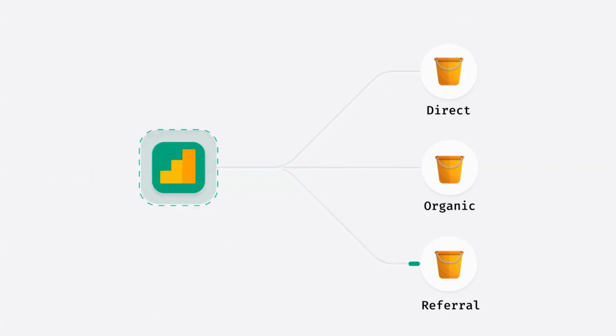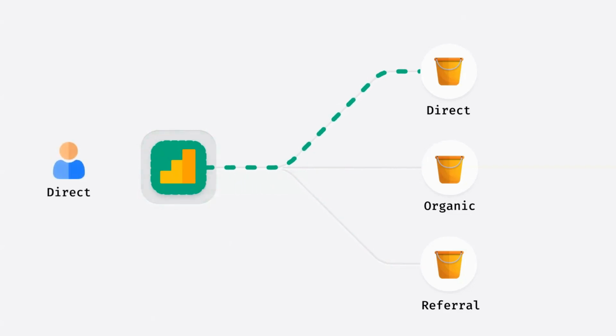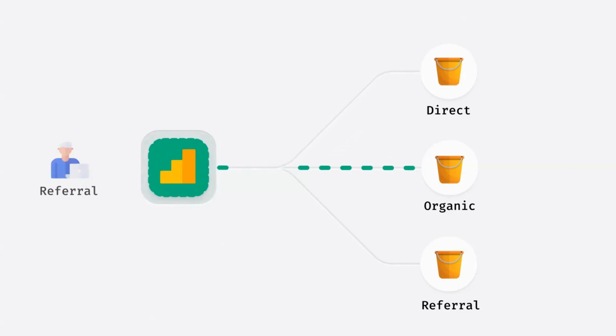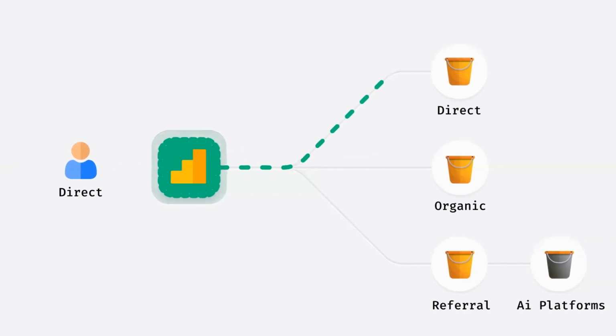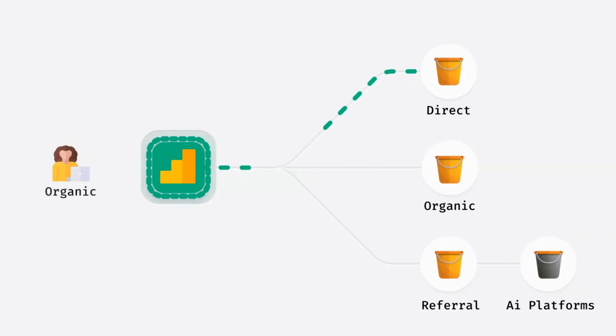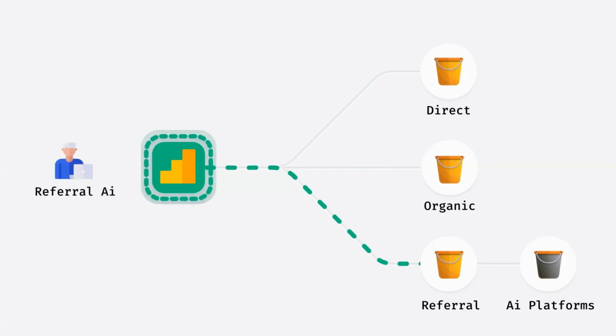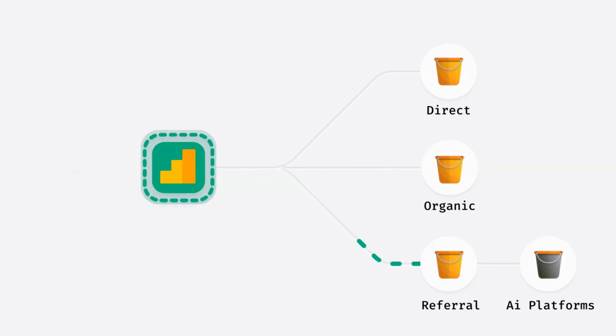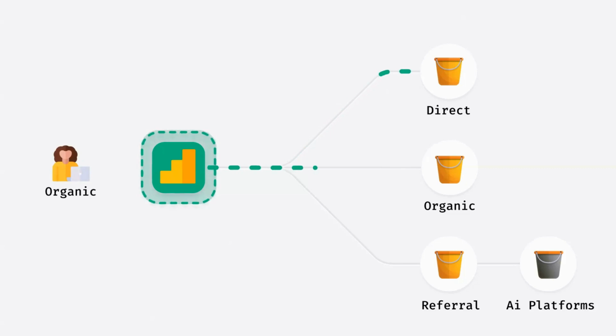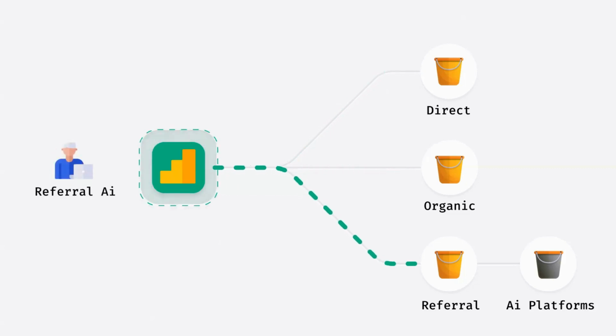But things get a little bit more complex when we add a different bucket to the custom channel groups. So here we have an AI platforms bucket on the bottom right, and we've got this new type of user that is a referral AI user. And you can see that because the referral bucket is set on top of the AI platforms bucket, it's actually capturing all of that referral AI traffic and not letting anything through.